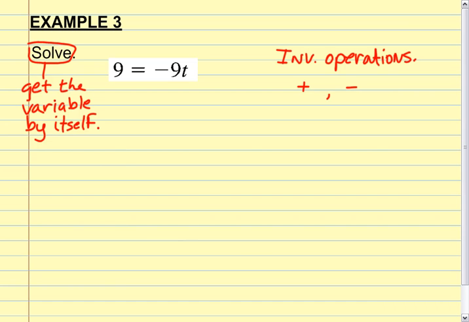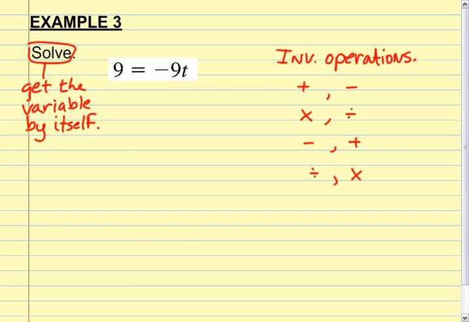Subtraction. What undoes multiplication? Will? Division. What undoes subtraction? Lauren B. Addition. And what undoes division? Stone? Multiplication.